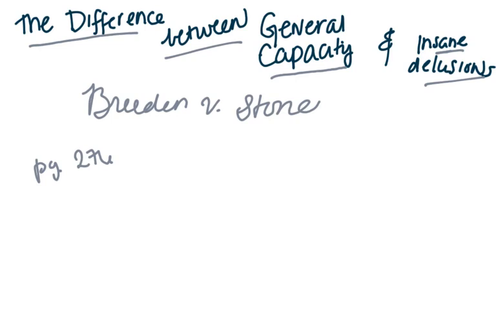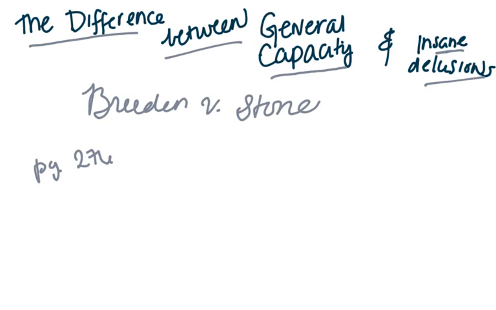In their analysis of the insane delusions claim, the probate court found that while Spice Breedon did have insane delusions, these insane delusions did not cause the disposition. They were unrelated delusions. This decision was appealed to the Colorado Supreme Court, where the contestants alleged that the probate court incorrectly merged the application of the rules for general capacity and insane delusions.